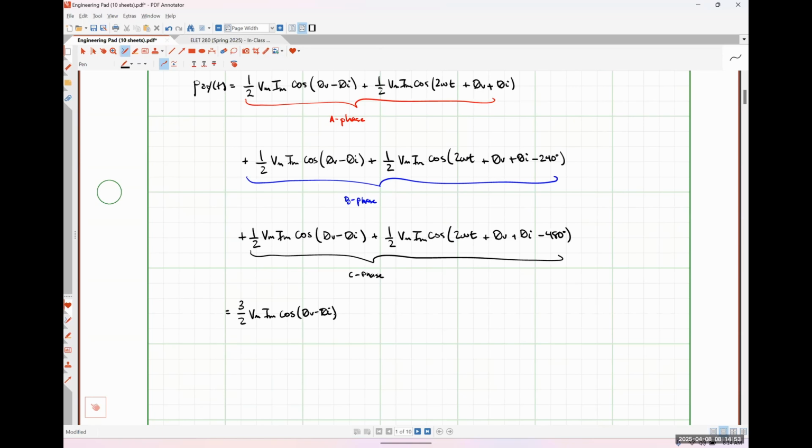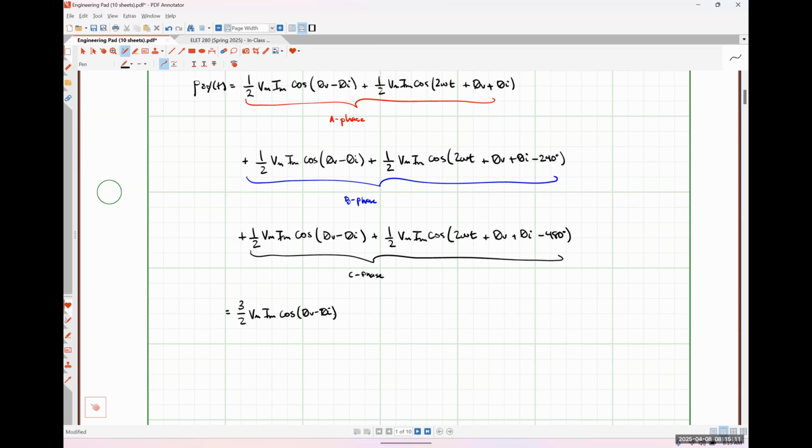So essentially, all three of those AC terms wind up canceling each other out when you add them together. So that means that the instantaneous power absorbed by a three-phase system is just this guy right here.